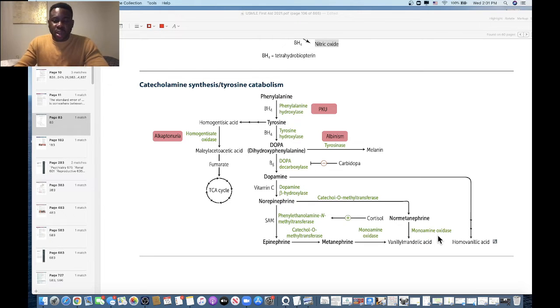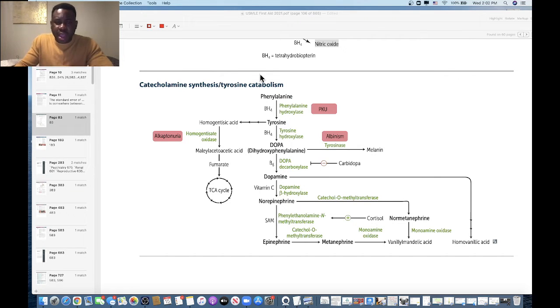We call them catecholamines because they have a catechol ring with an amine group attached to them, and that's where the name comes from. So here we are using phenylalanine to make all the catecholamines.